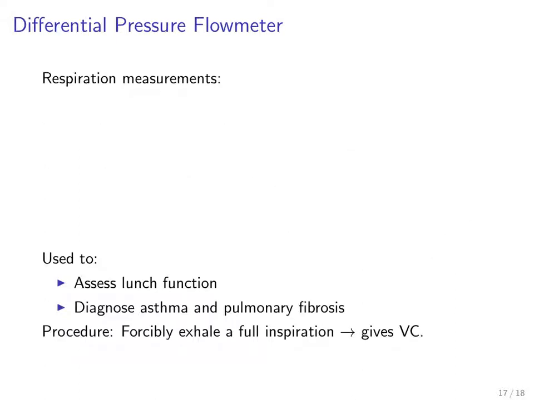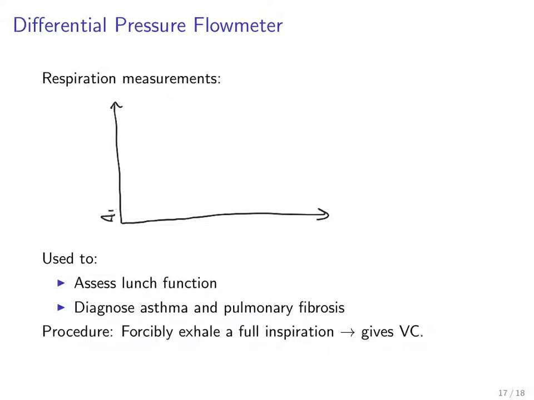And using either of these devices, we can make respiration measurements in order to assess lung function or diagnose asthma and pulmonary fibrosis. So here's what these tend to look like. We'll plot here the air volume in the lung and define some parameters that are relevant for these measurements.